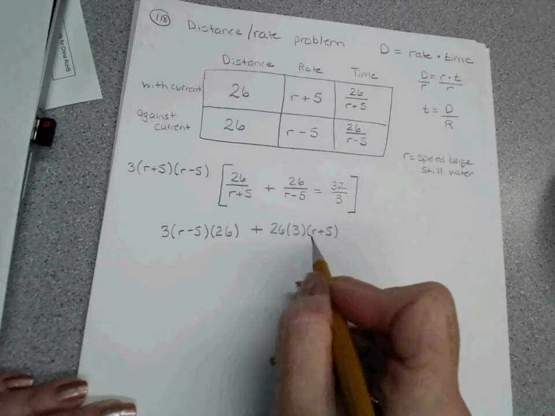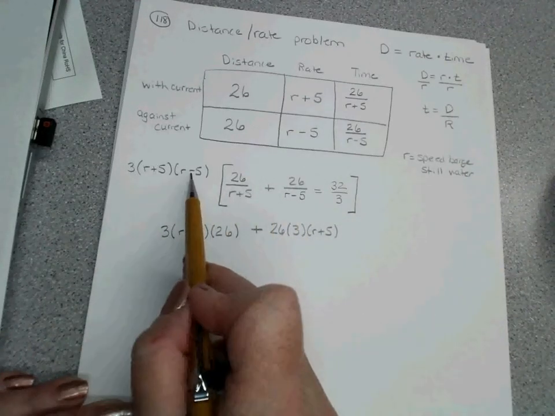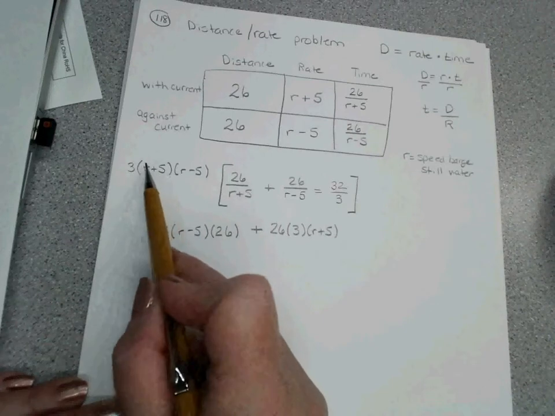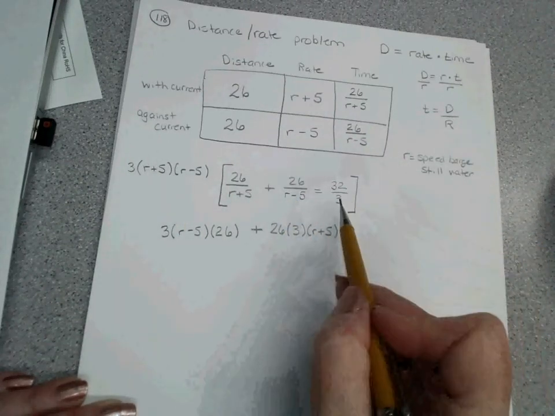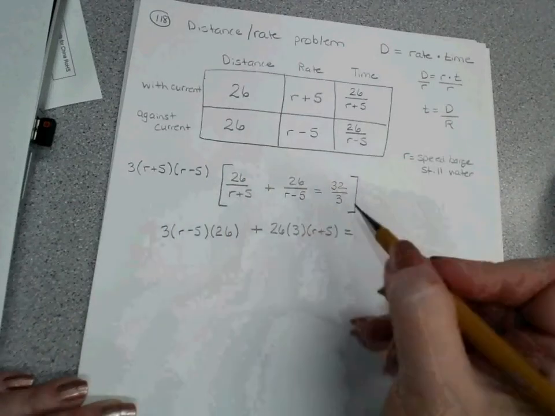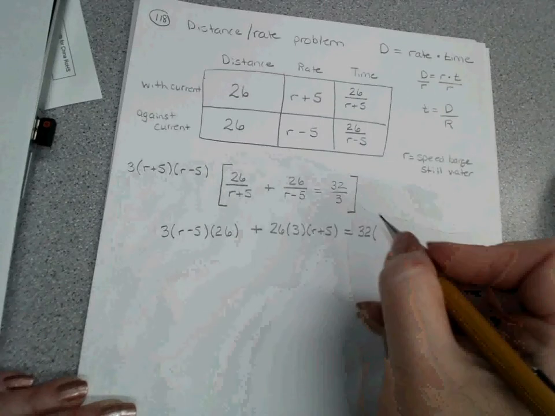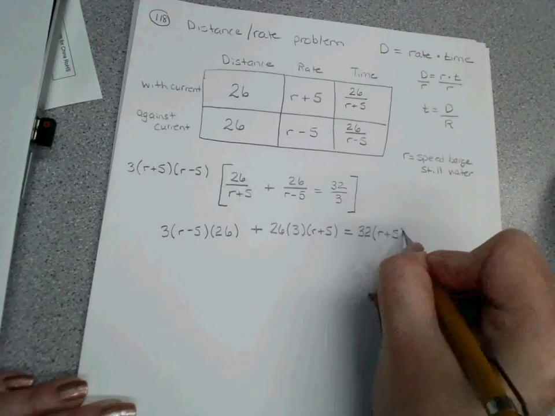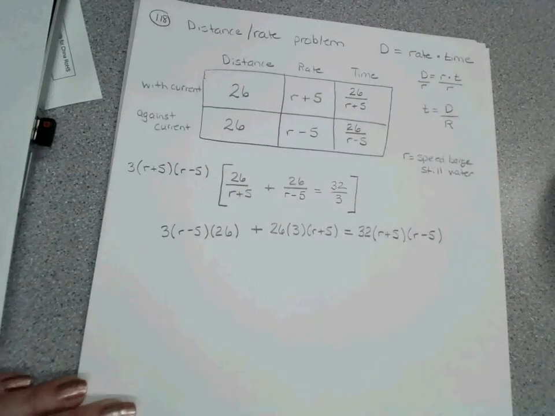And I'm not being consistent in my order. I apologize. Now I come to the 3. That 3 cancels that 3. So I have the 32 that I started with times r plus 5, r minus 5. And now I no longer have any denominators.